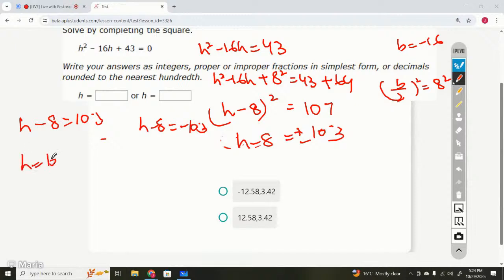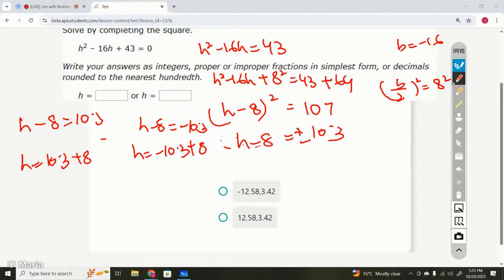That is h equals 10.3 plus 8. Hold on. h equals negative 10.3 plus 8.